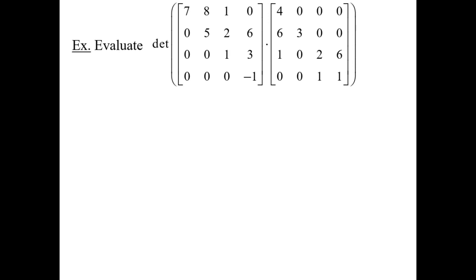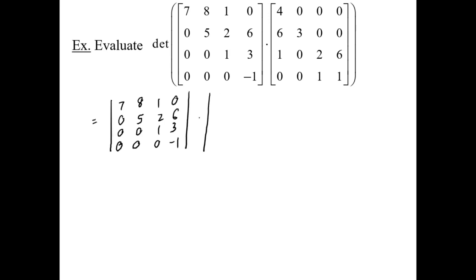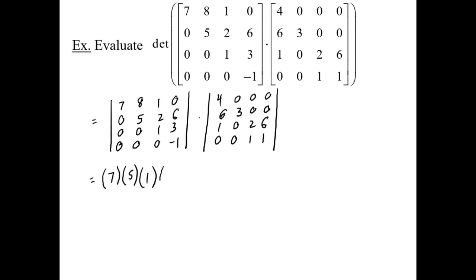So I'm going to split this up as the determinant of the first one times the determinant of the second one. The first one here, I'm going to notice that it's already diagonal, which is great. So this determinant is going to be 7 times 5 times 1 times -1.